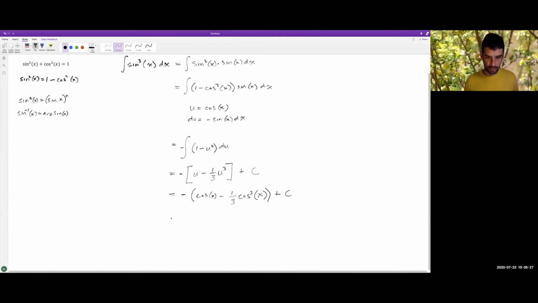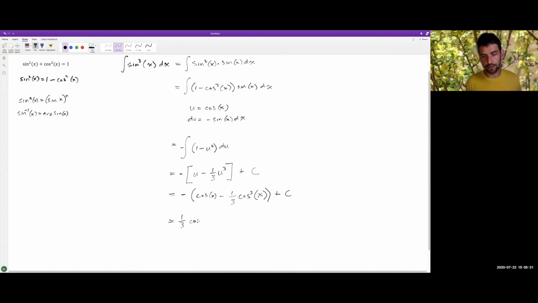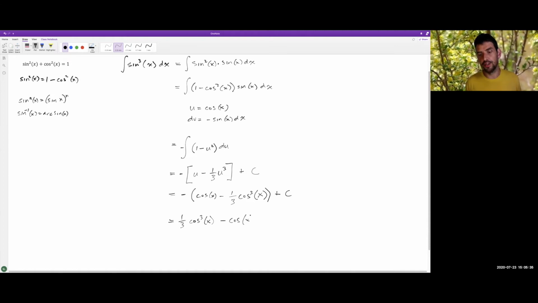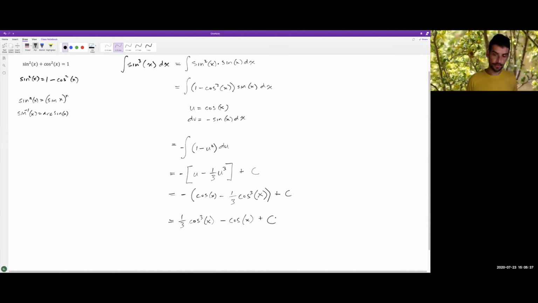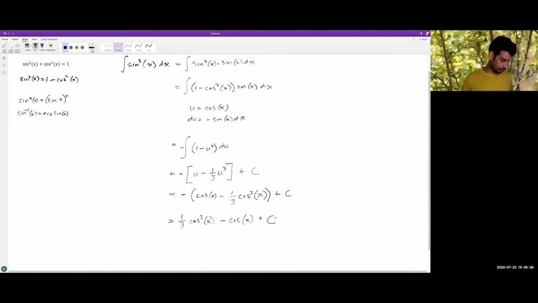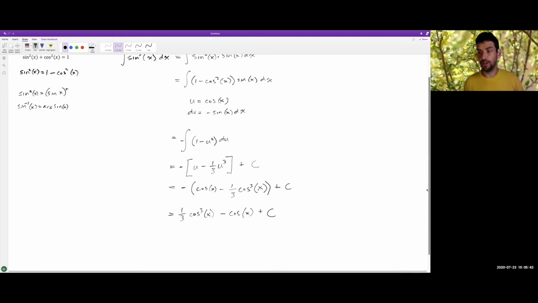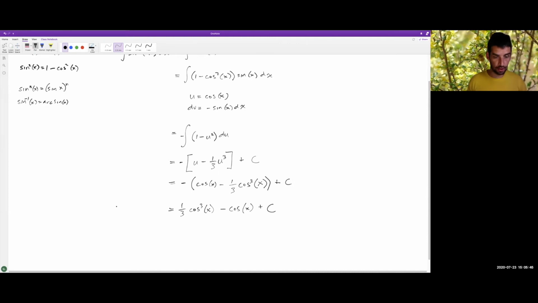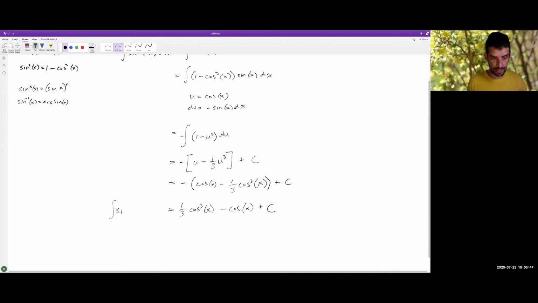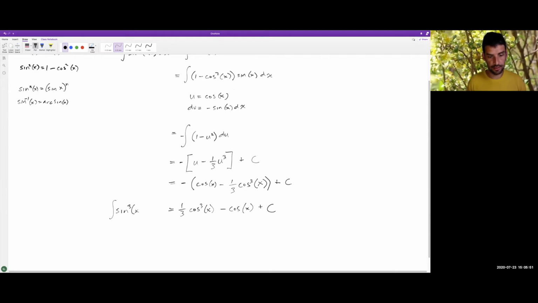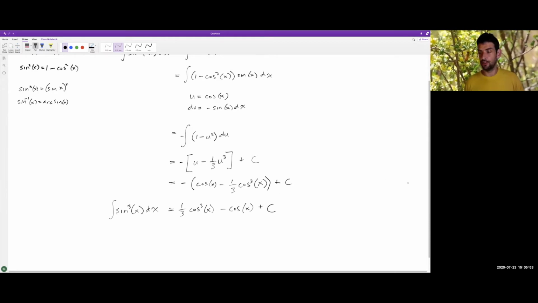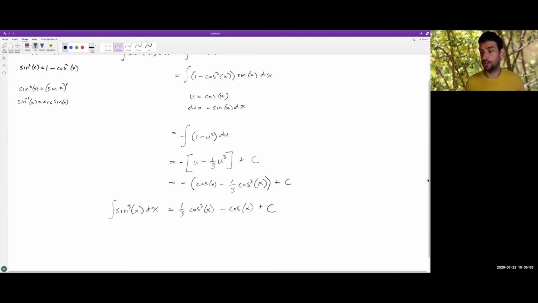We might want to clean this up a little bit, distributing that negative. I get 1/3 cosine cubed x minus cosine of x plus c. Either way was fine to write it. I just happen to like how it looks this way. So at the end of this, what we have is that the antiderivative of sine cubed x dx is what we have written here on the right.